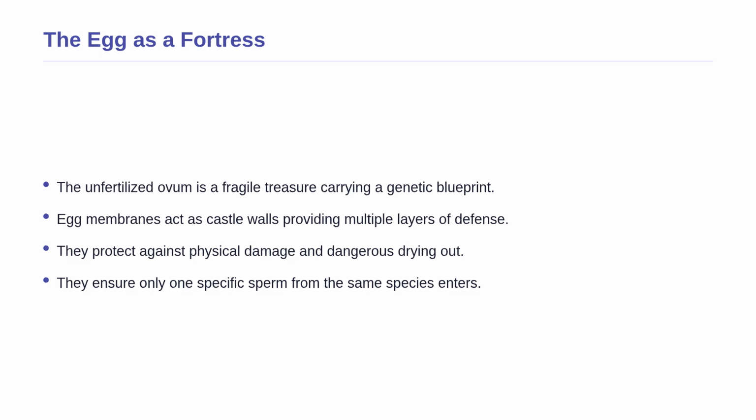They provide multiple layers of defense against physical damage and drying out. More importantly, they act as a highly secure gate, ensuring that only one specific, highly qualified messenger, a sperm from the exact same species, can enter. Without these shields, the fragile egg would be easily destroyed or fertilized by multiple sperm, which is fatal.